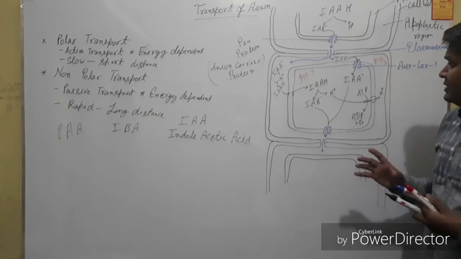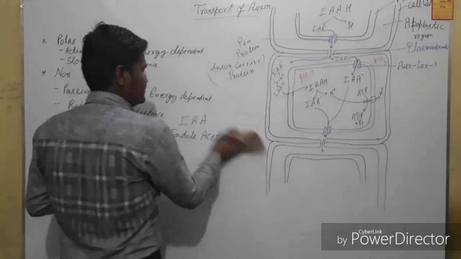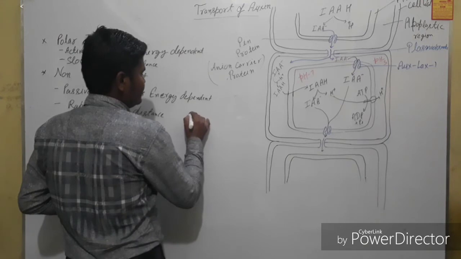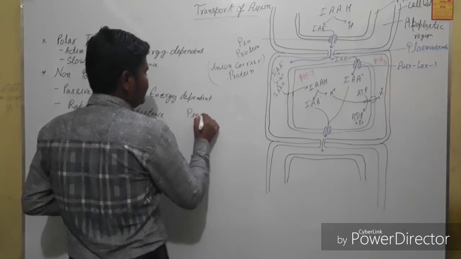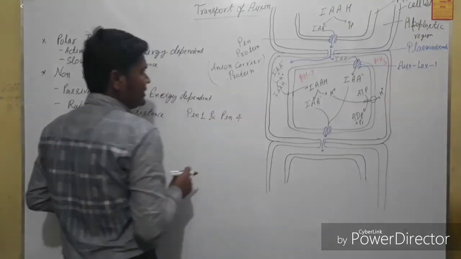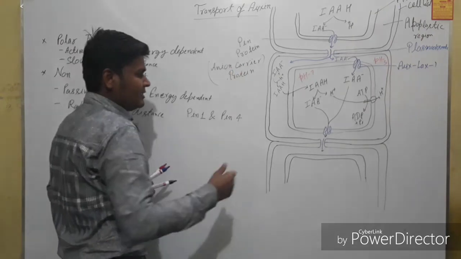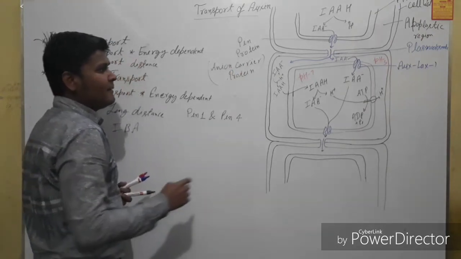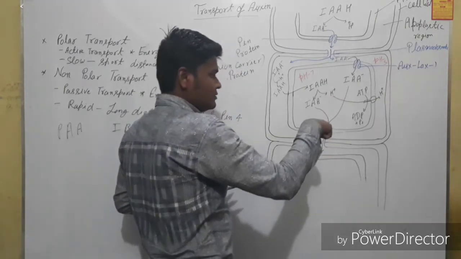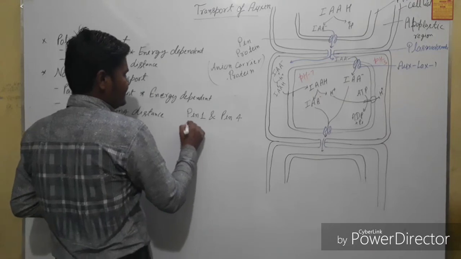Some proteins we will discuss here, the PIN proteins, like PIN1 and PIN4. These proteins help in the basipetal transportation, that means the transportation from the shoot region to the root region.